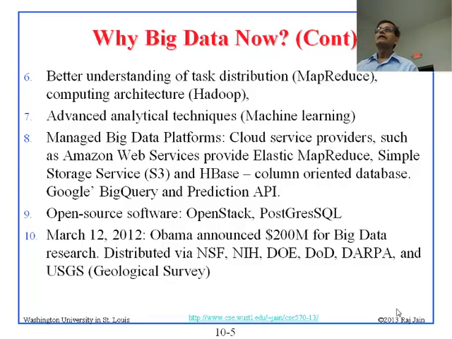All right? But the most important reason is the 10th one, because there is so much money in it. Last year, Obama announced $200 million for big data research. So suddenly all the professors are working on big data, including me. Right? When $200 million is there, we don't want to work on any other problem.